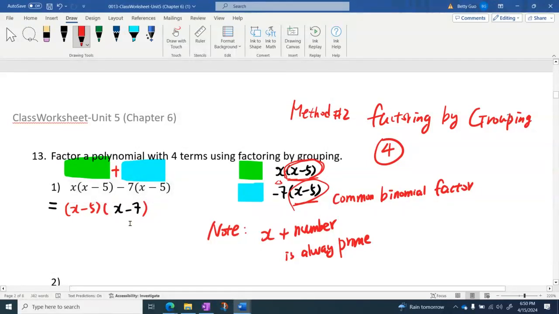So x minus 5 is prime. Same with x minus 7. x is the variable, -7 is the constant. So x minus 7 is prime. We rewrote the given expression as a multiplication of two prime binomials.